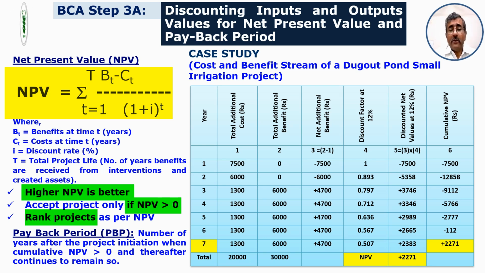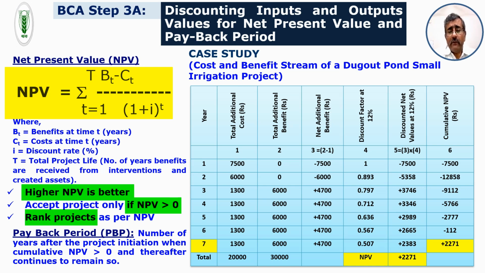So as per the formula, the differences have been calculated here. The discount factors are for a 12% rate of interest, and the discounted net values are obtained by multiplication of column 3 with column 4. So we get these discounted net values.